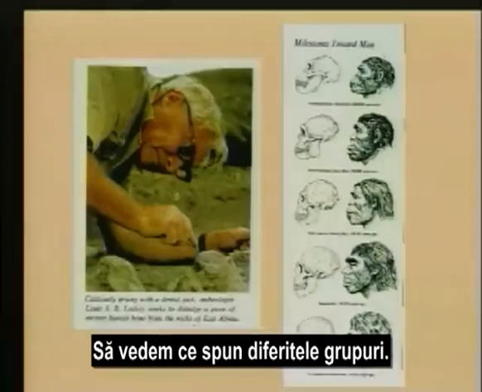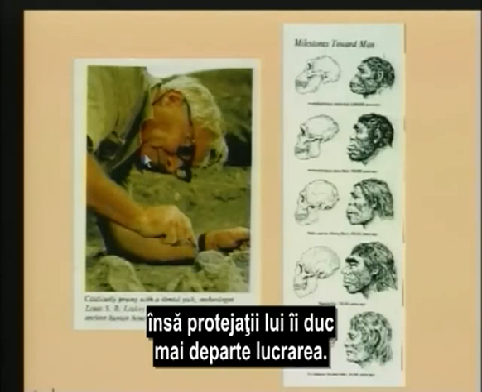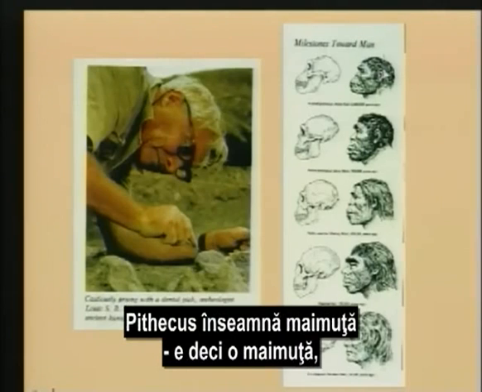Now let's have a look at what the various groups say. This is Louis Leakey over here. He's of course dead now, but his whole protege are the ones that are carrying on with this work. Their ancestor is this one over there. Australopithecus is the one. Pithecus means ape. So this is an ape.